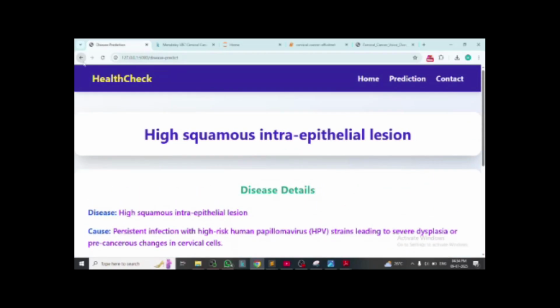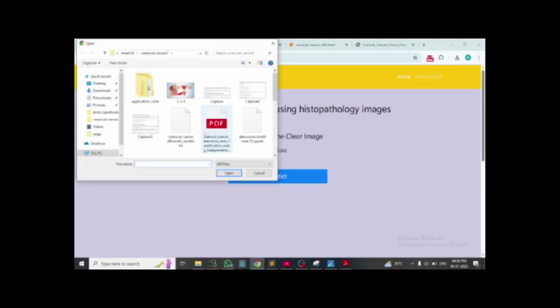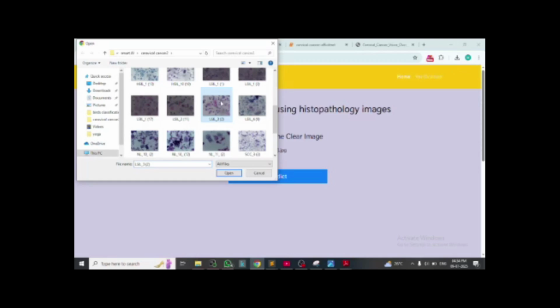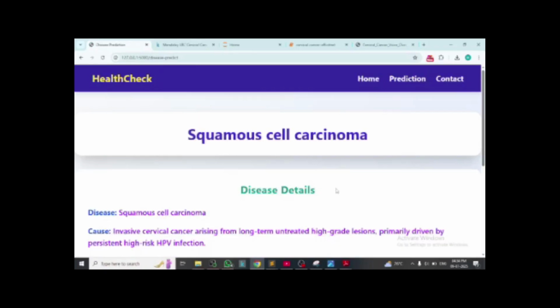Second one, we'll see another one. So choose the file, choose any one. Okay, I will choose this one. Then predict the class of this name. See the name of the class: squamous cell carcinoma.